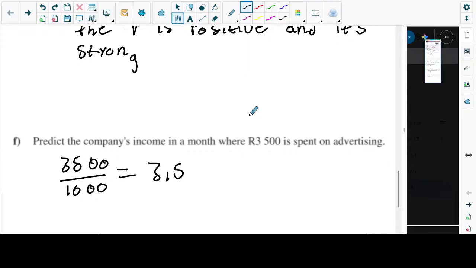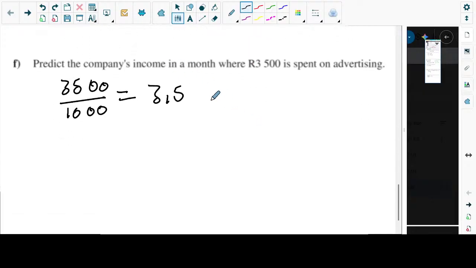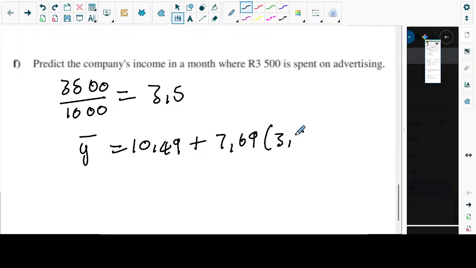So we write y with a cap equals 10.49 plus 7.69, and instead of x we put 3.5. Substituting 3.5. Remember, is it y with a bar or y with a cap? It's y with a cap.